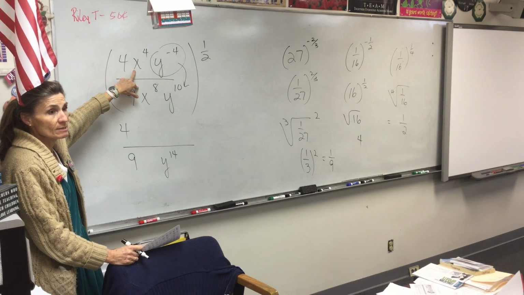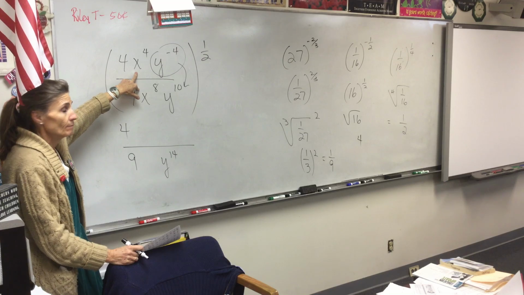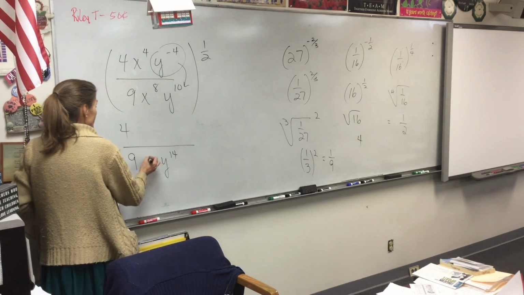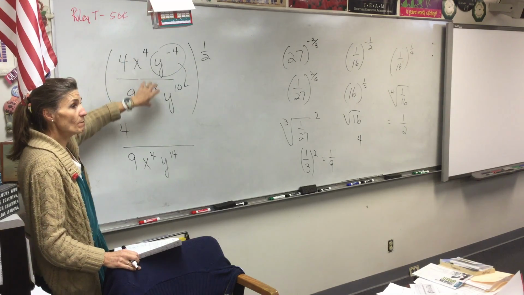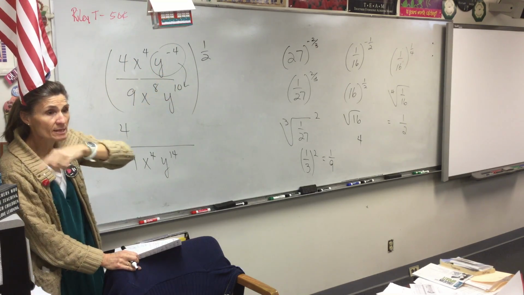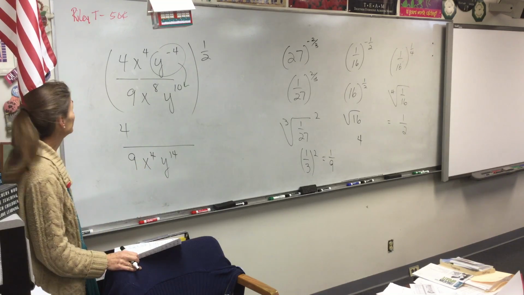Check out your x's. X to the 4th in the bottom. Because you have 4 of them over 8 of them, you start canceling, you'd be left with 4 in the bottom.